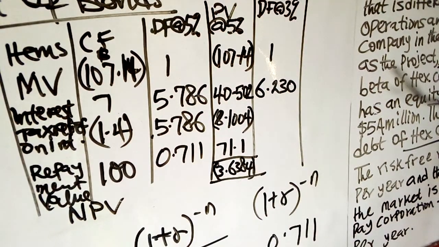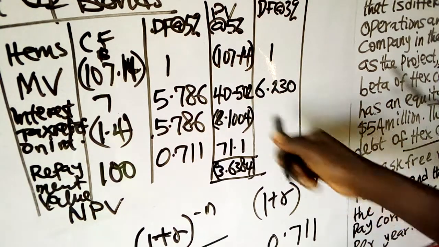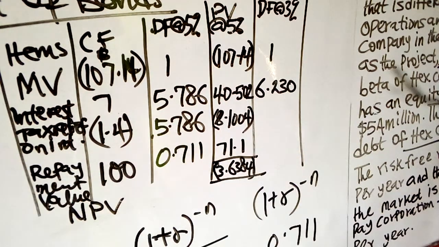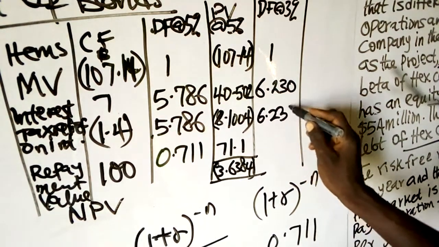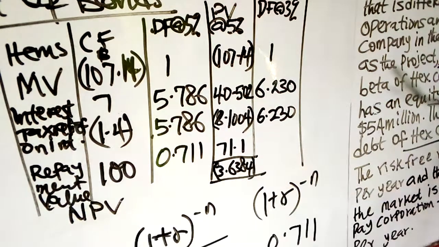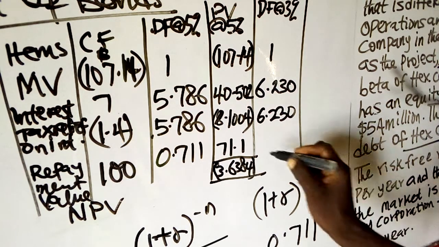That is at 3%. Since it is the same for year 1 to 7, we have 6.230. For year 7 alone, you make use of the second formula, 1.03 raised to the power minus 7. Then we have 0.813.